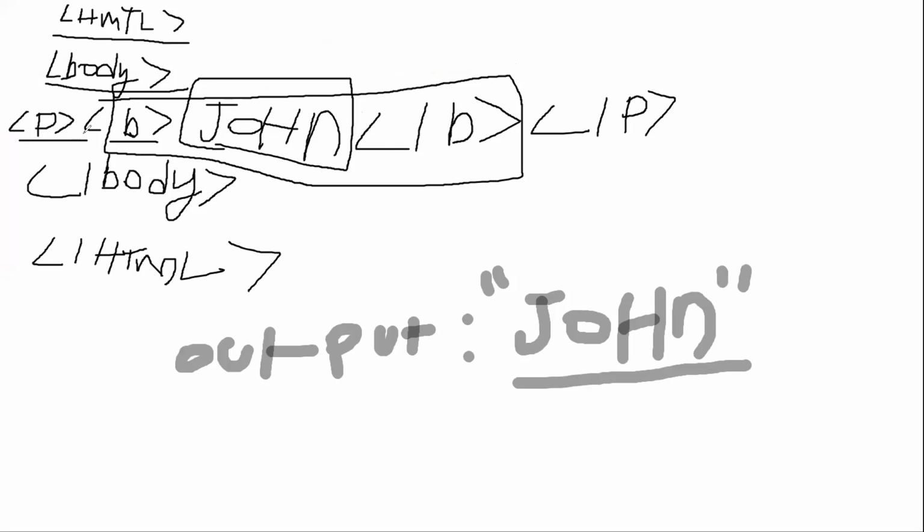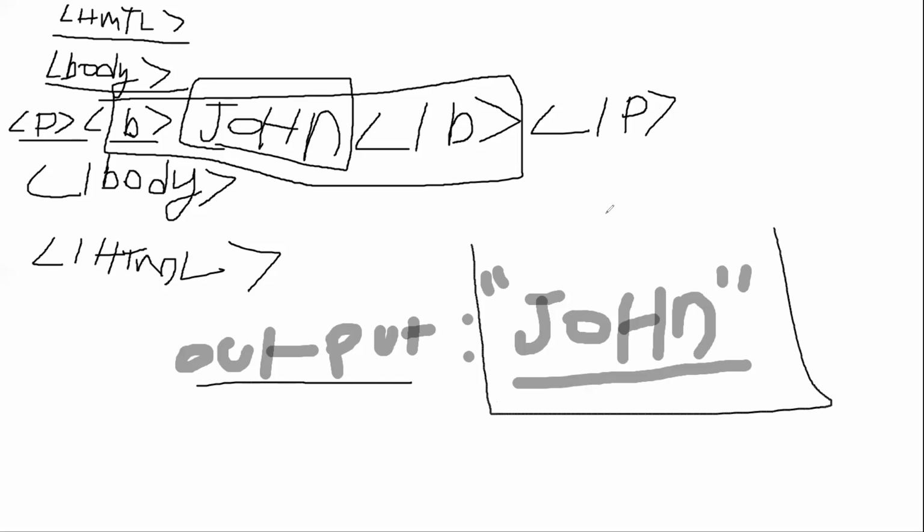Before the bold tag or after the bold tag, if you specify any text within the paragraph tag, you cannot get bold. That is why I have shown the output here. Your output looks like this. Only John is highlighted and it is bold.